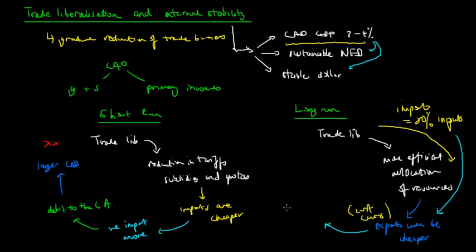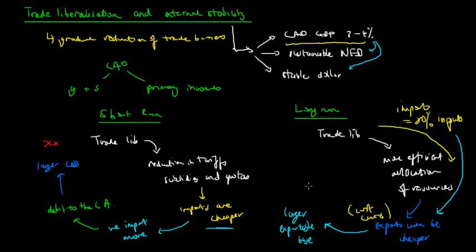And this gives us a larger exportable base, because we no longer rely so heavily on domestic production for our consumption. So we can either consume domestically, or we can consume from imports. But now that imports are cheaper, this would mean we have less reliance on domestic production, and that means we have more to export.